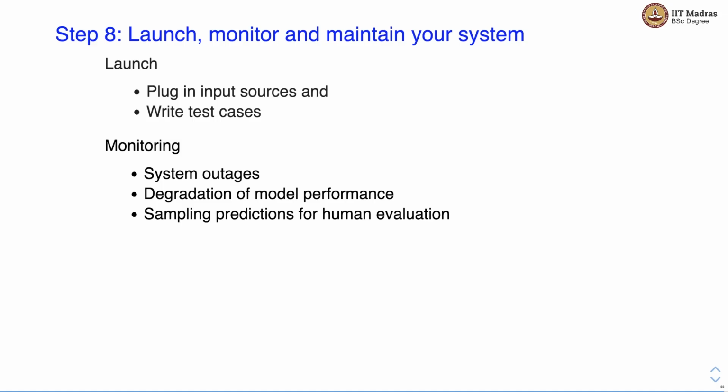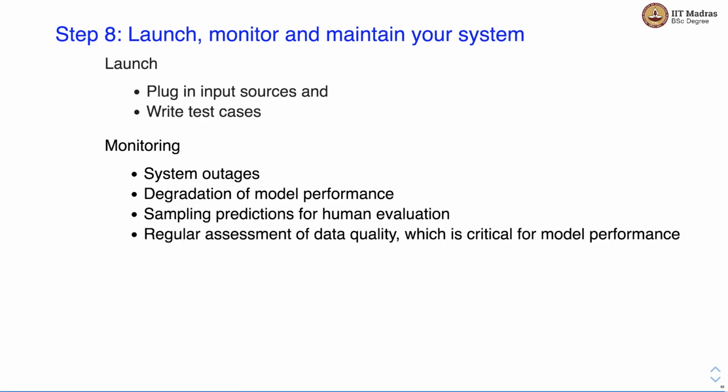Another important thing to evaluate the model performance is to sample predictions for human evaluation. We can present the predictions by the model in production to the human experts and get their feedback on how the model is performing. We also need to carry out regular assessment of the data quality, which is critical for model performance.